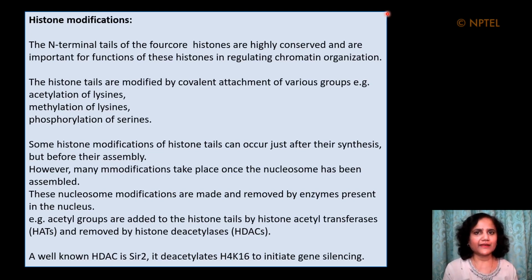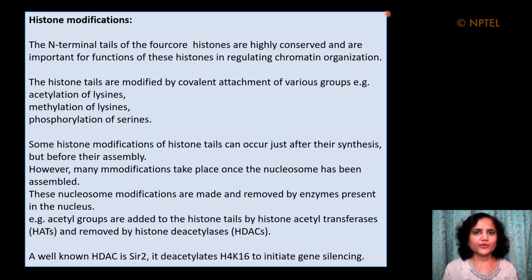For example, there can be acetylation of lysines, methylation of lysines, phosphorylation of serine residues present in these histone tails. Some of the histone modifications could occur just after their synthesis, but before the assembly. But many of the modifications take place once the nucleosome has been assembled.